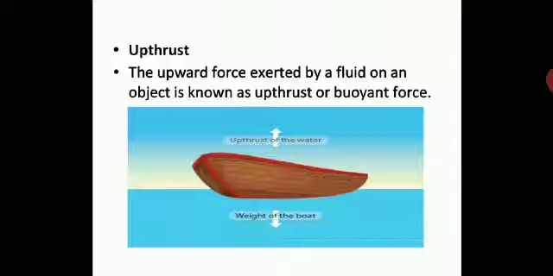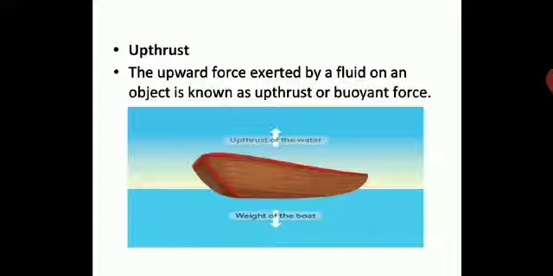That's why it will float on water. You can see over here the weight of the boat, it's being pulled down. You can see the arrow here in the diagram. Here the weight is pulling down, but the upthrust of the water, and due to the shape of the boat, it will remain on the surface.